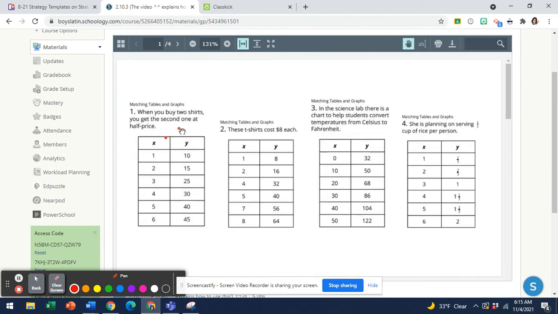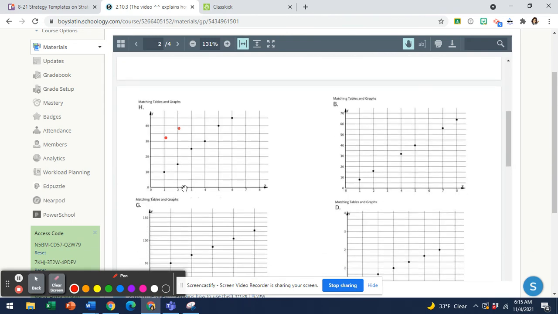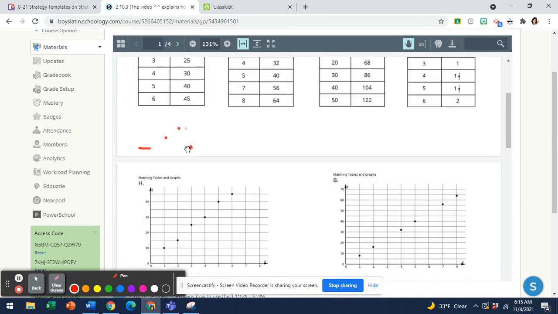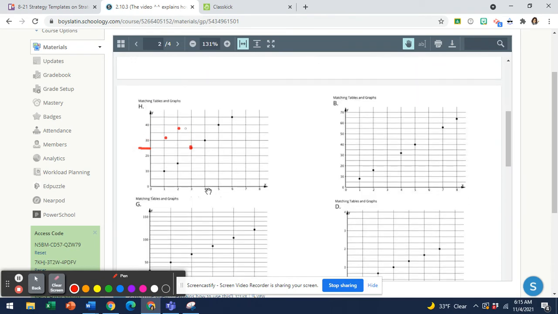Let me scroll up to see if that's correct. Yep, 2, 15. When x is 3, y should be 25. I can trace over to my y-axis, and I see that this point here is in fact 3, 25. So far I match. My next point based on table 1 should be 4, 30. Looks like I've got that, 4, 30 right here.